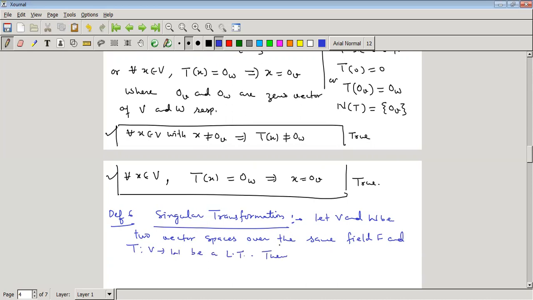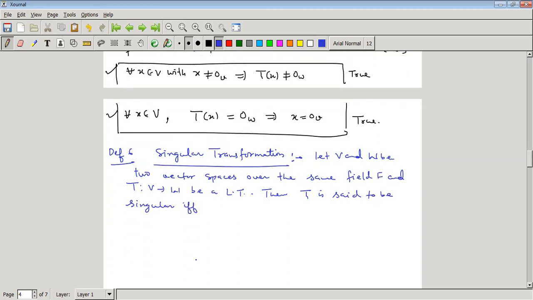Then T is said to be singular if and only if there exists x belonging to V with x not equal to 0V.